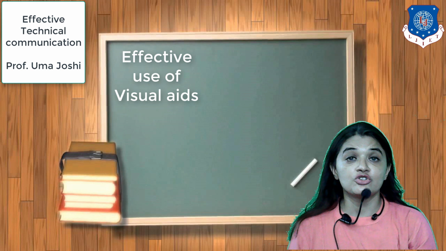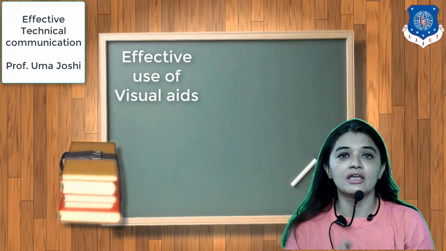Secondly, you have to take care that your visual aid, that is your board or your whiteboard or your presentation, is visible to everyone in the audience. There should be no pillar or anything in between. If you are using a PowerPoint presentation, use very simple fonts. Don't use italics or very decorative fonts, because the audience will struggle to read what you have written.